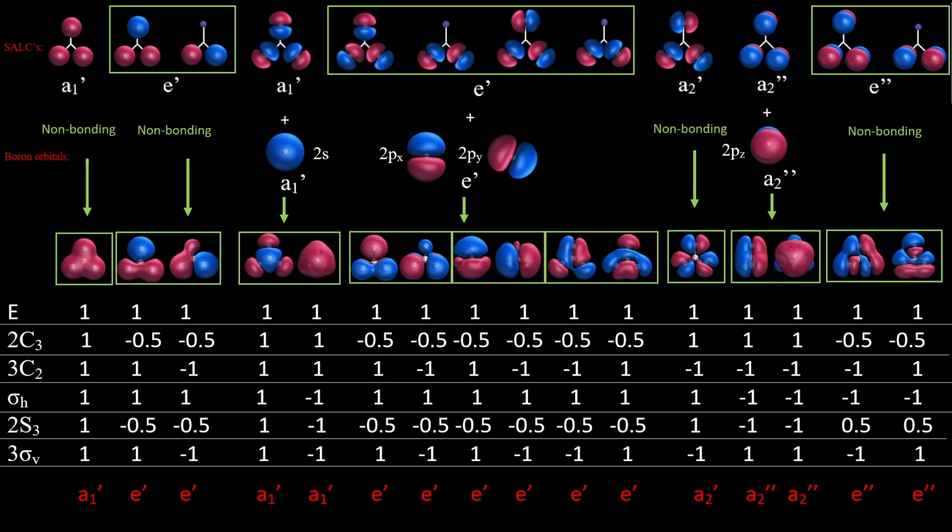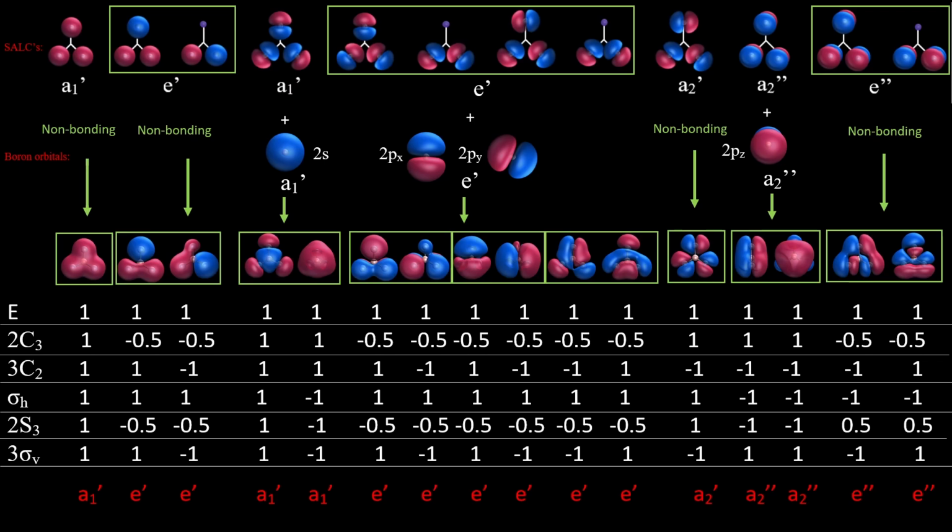Now we compare these with the boron valence orbitals. In the D3h point group, boron 2s has A1 prime symmetry, boron 2px and 2py have E prime symmetry, and boron 2pz has A2 double prime symmetry if the z axis is perpendicular to the molecular plane.